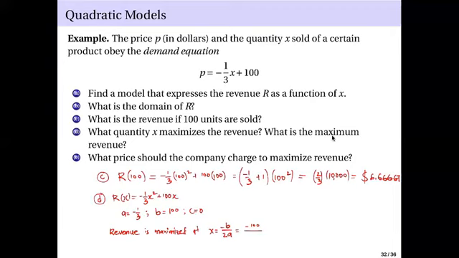And then 2a, so 2 times negative 1/3, correct? So this will be what? 300 over 2. 300 over 2, and this is equal to 150.